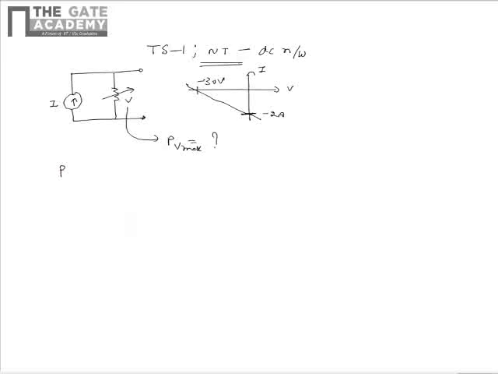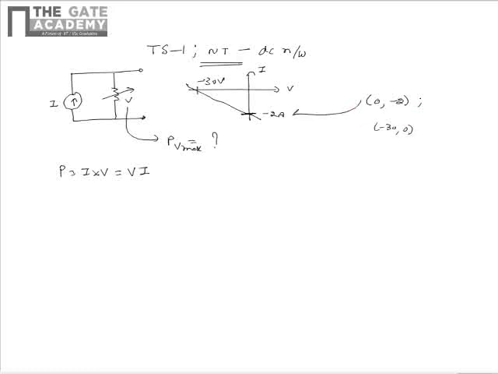We know the power that gets dissipated in the variable resistor V can be written as I multiplied by V, where I is the current through the variable resistor and V is the voltage across the variable resistor. From the VI characteristics, we see that the line joins the points (0, -2) and (-30, 0).